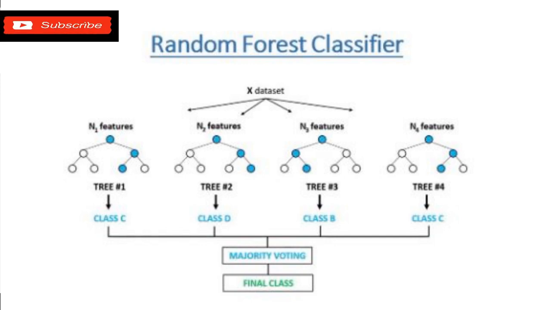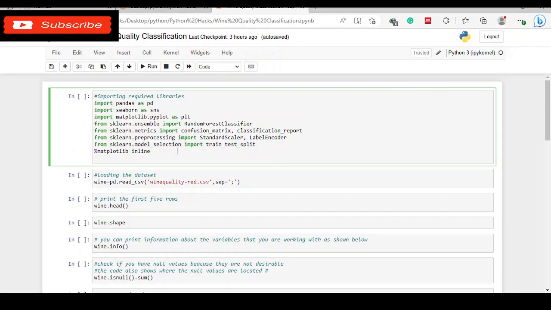To start with, we import the requisite libraries. In this case, we'll need pandas for obviously loading the dataset. We'll need Seaborn and matplotlib for visualization. Then we import our classifier, and we import it from a library known as sklearn.ensemble, which is a scikit-learn library. We import the metrics for purposes of evaluating how our classifier performed.